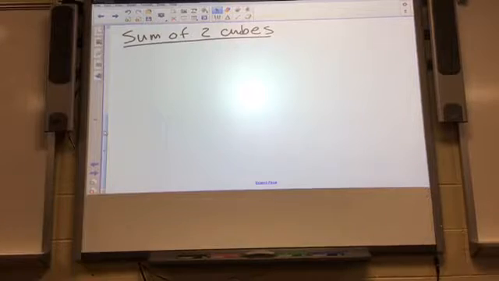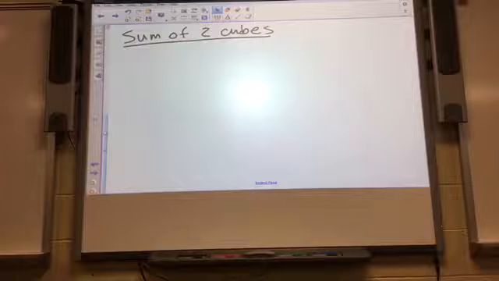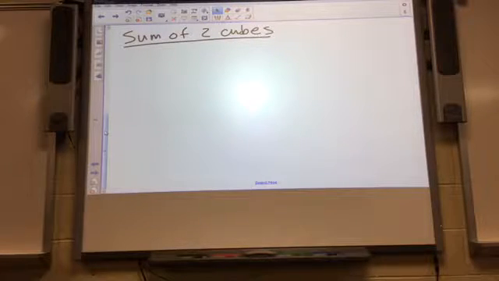And I am going to expect you to be able to remember this, just like I expected you to remember the difference of two squares. Is there such a thing as a sum of two squares? Did we ever learn anything like that? No. There's no such thing as a sum of two squares. There is a sum of two cubes, though.